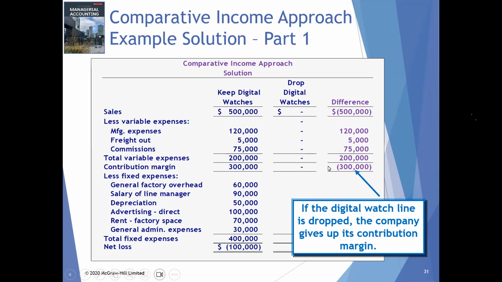The total variable expenditure is deducted, and the contribution loss in this case is $300,000. So the $300,000 is what we are losing. The company gives up its contribution margin here.